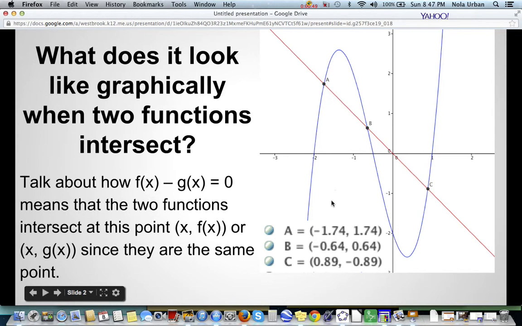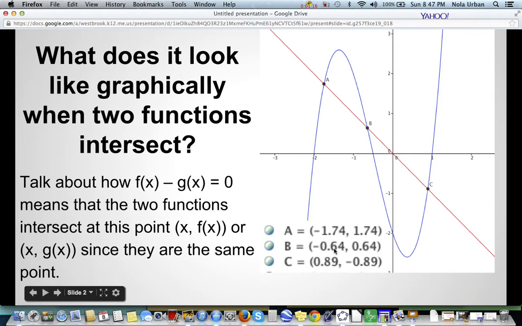What this tells me is that when I plug negative 1.74 for point A into either the blue equation or the red equation, either for f of x or for g of x, I'm going to get 1.74 out. Likewise, if I plug in negative 0.64 into f of x, the red function, I'm going to get 0.64 out.